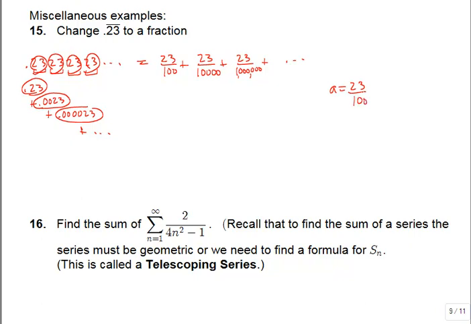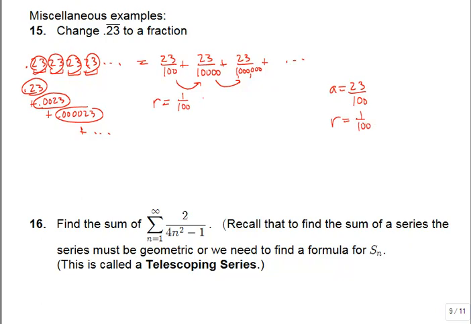And what you want to notice is that to get to the next term, from here to here, all I'm doing is multiplying by 2 more zeros on the bottom. So I'm multiplying this whole fraction by 1/100th to get 2 more zeros in that denominator. So my r is 1/100.